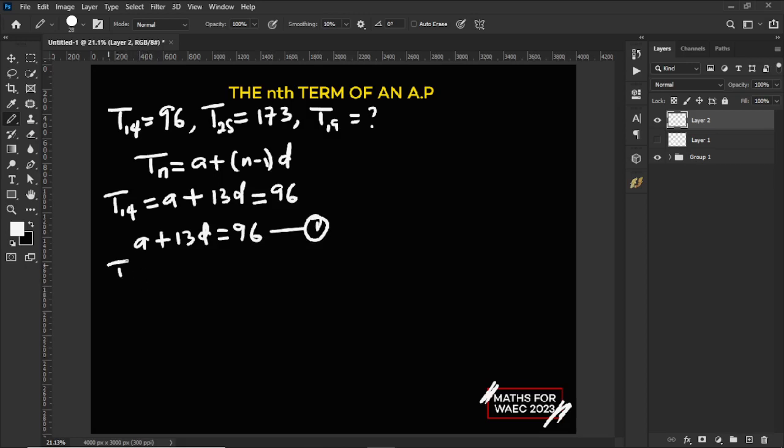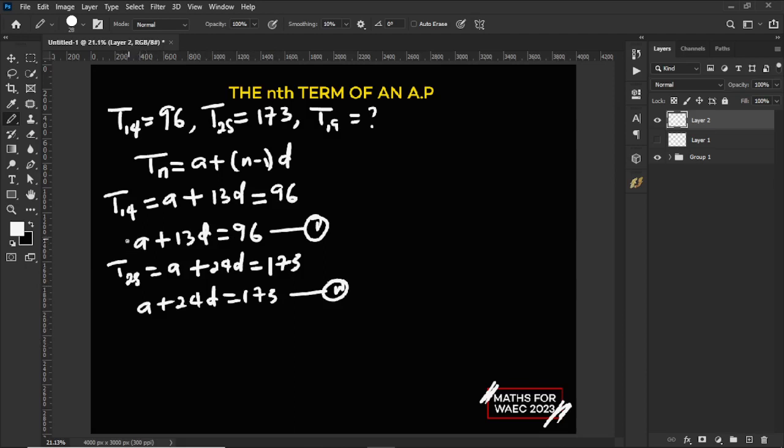Then T25 is equal to A plus 24D equal 173. Are you following? That's equation 2.